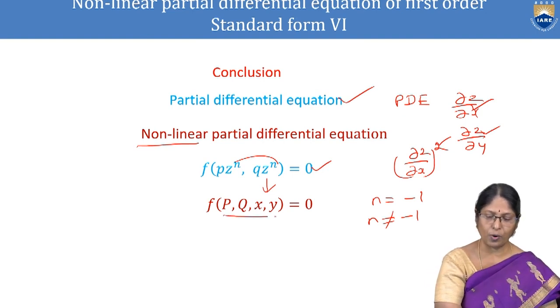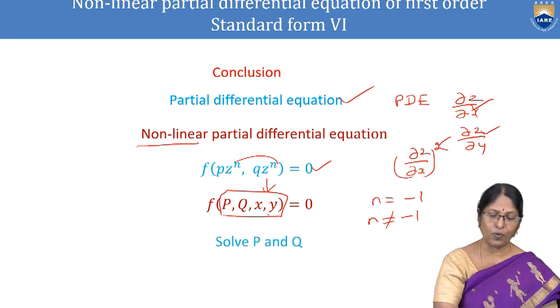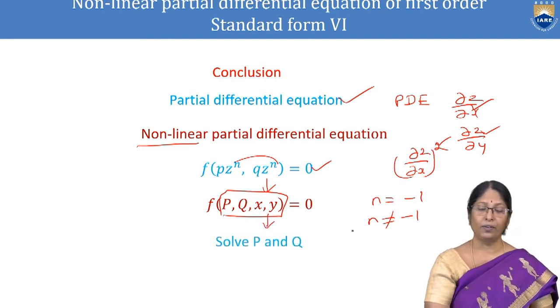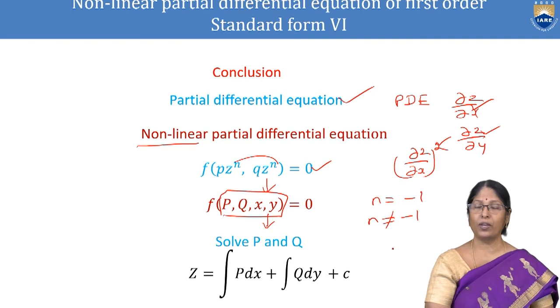According to standard form 3, the steps are that we have to solve for P and Q, and substitute the values of P and Q in this integral form. After integrating, what we are getting is the required solution.